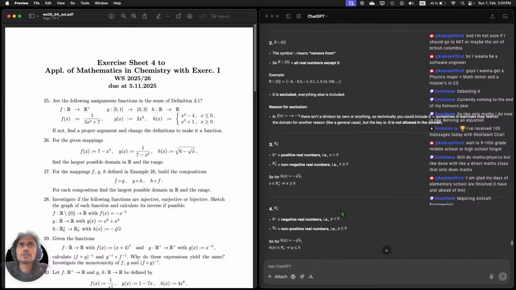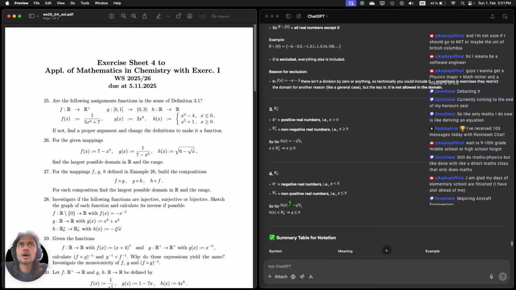Positive real numbers, negative, okay. Non-positive real numbers, that is y greater than or equal to 0. Okay, that's okay. So why is this R 0? Are you telling like from 0?